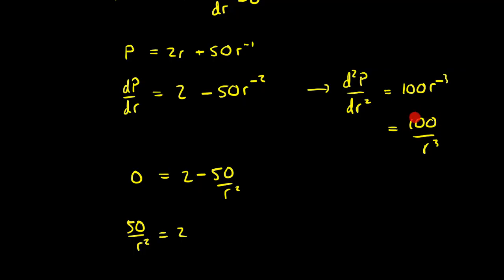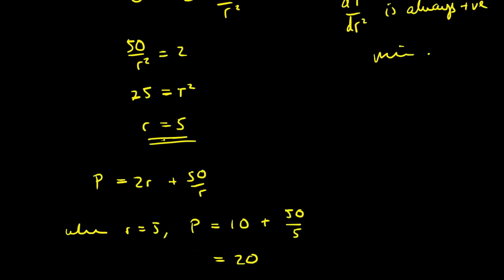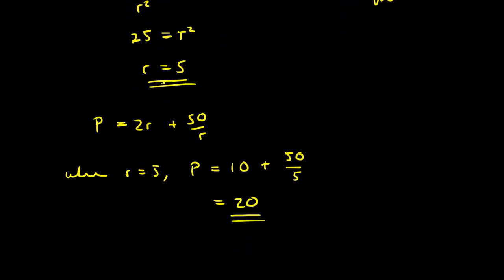And so 100, a positive number, divided by a positive number is a positive number. So because the second derivative is always positive, what this means is we have got a minimum. Okay? So we know that we've got a minimum value when r is equal to 5, and the minimum value for that perimeter is p is equal to 20.